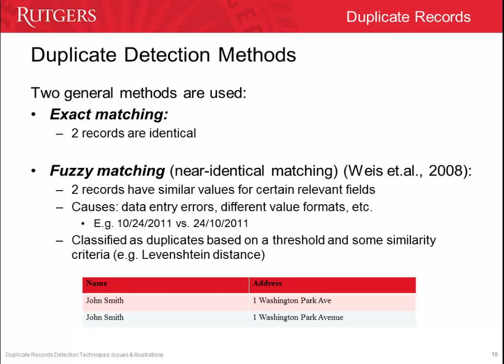In the table below, we have John Smith, 1 Washington Park Ave, and John Smith, 1 Washington Park Avenue. The distance is 3 because it's enough to make 3 changes to the first one to be identical to the second one.